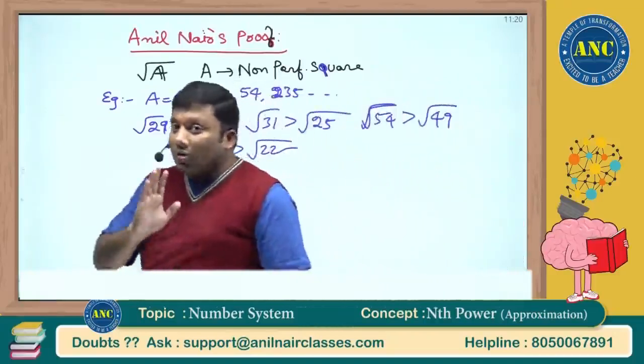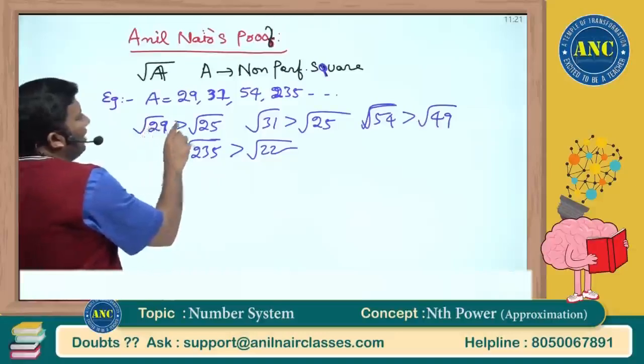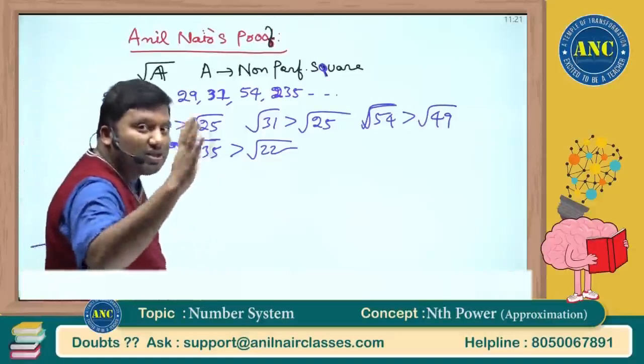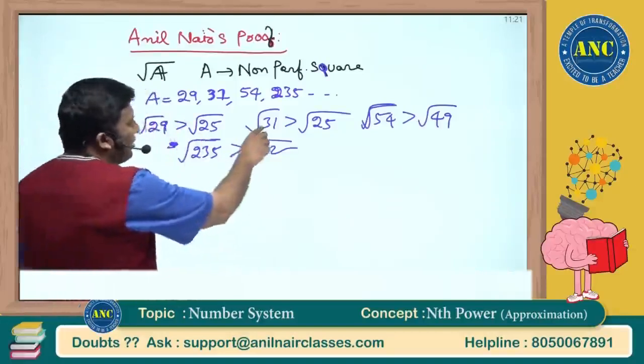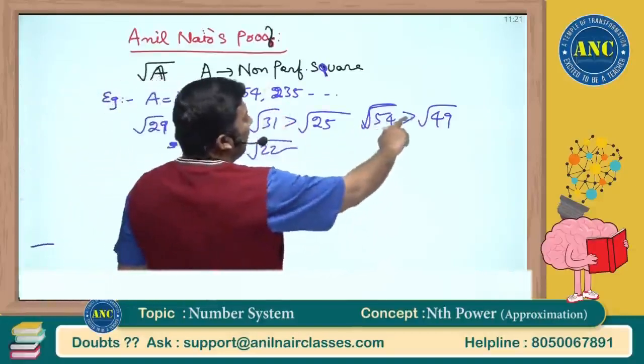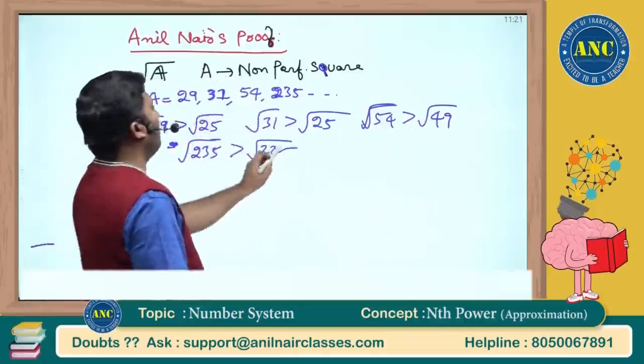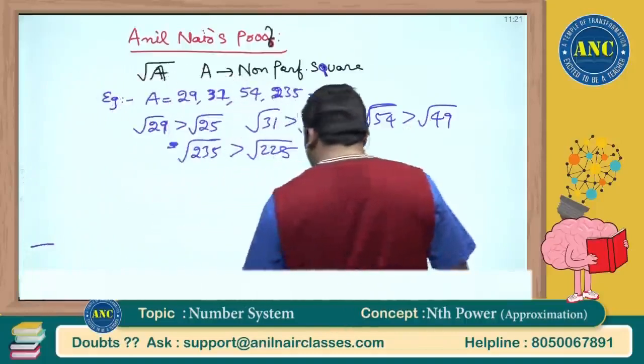Am I right? Now listen carefully to this concept. Can I say 29 is nothing but 25 plus something? Yes or no? 31 is nothing but 25 plus something. 54 is 49 plus something. 235 is 225 plus something.